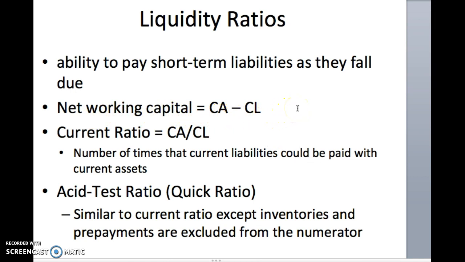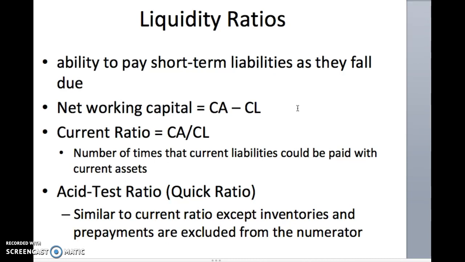At this point, I suggest that you review your classifications of accounts from Accounting 10, because if you still don't know which accounts would fall under current assets and which ones would fall under current liabilities, fixed assets, your long-term liabilities, then you are going to have a hard time in this topic.